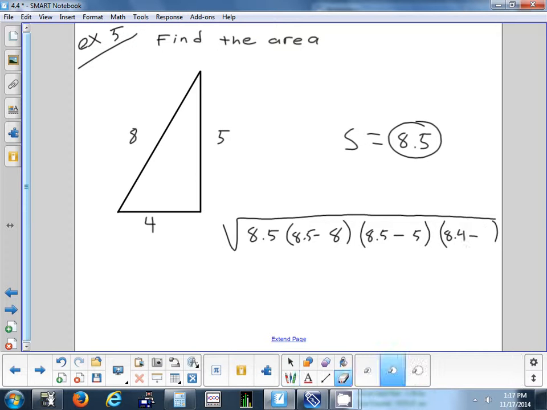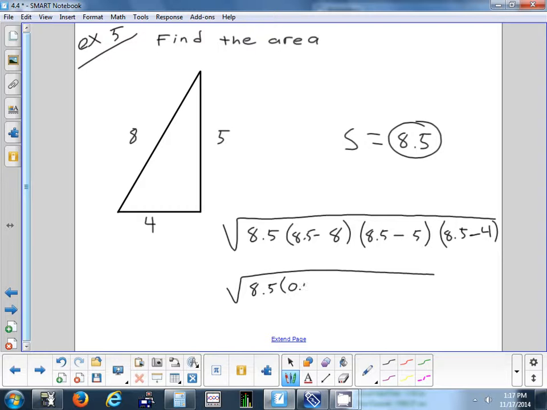And you just have to do all those out. 8.5 minus 4. As far as multiplying the decimals, we'll use our calculator for that, but let's do the subtraction. What's 8.5 minus 8? So that's 0.5. 8.5 minus 5? 3.5. And the last one, 8.5 minus 4? 4.5.